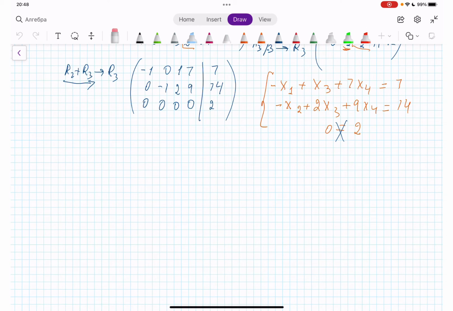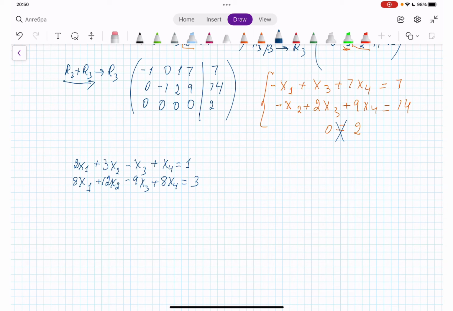So we have 2x1 plus 3x2 minus x3 plus x4 equal 1. 8x1 plus 12x2 minus 9x3 plus 8x4, and it's equal 3.